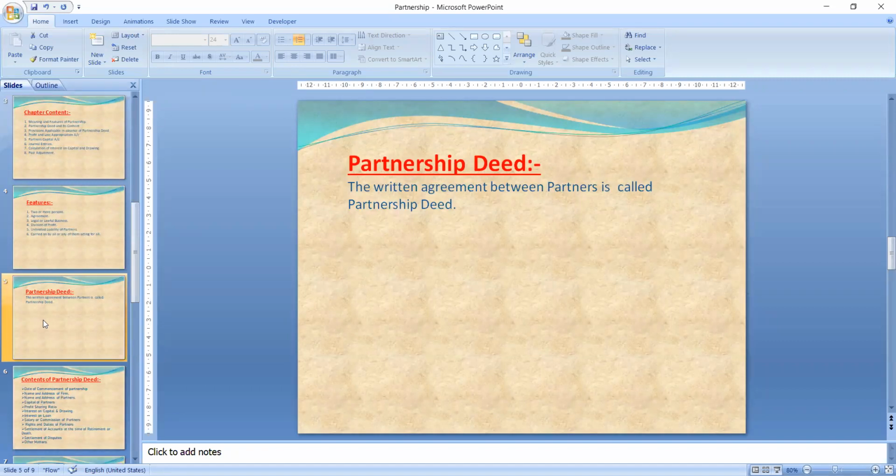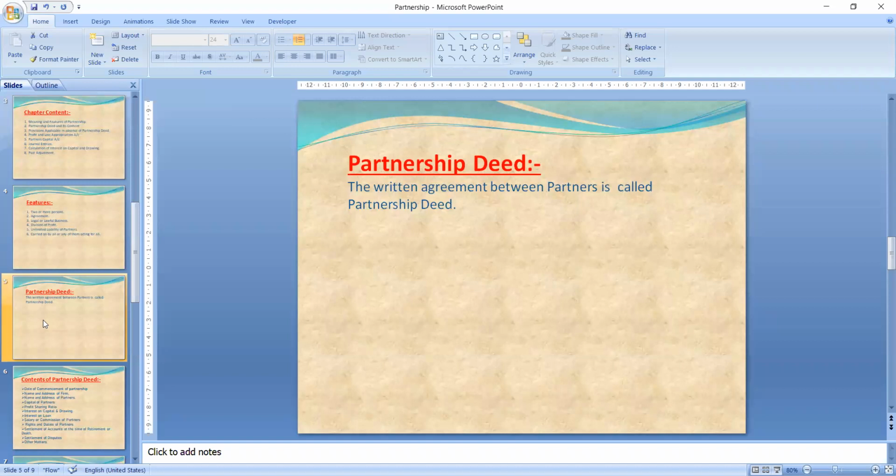The main reason behind its importance is resolving any dispute arising between partners. The written agreement between partners is called the partnership deed. It is prepared to resolve future disputes between partners.